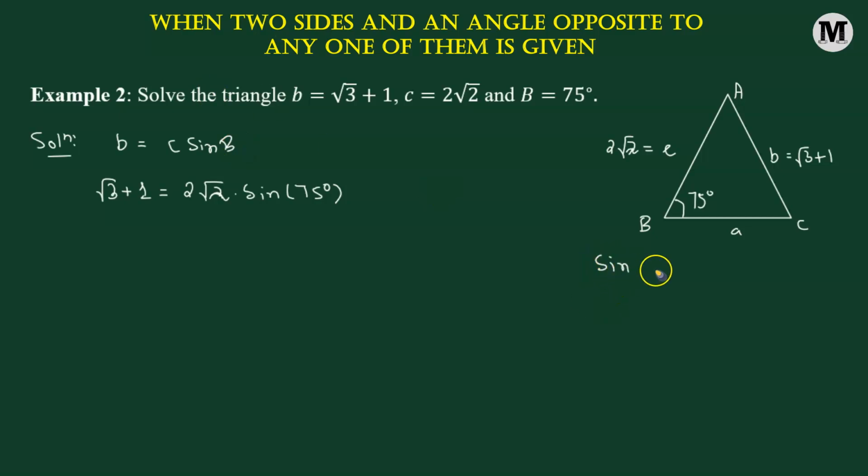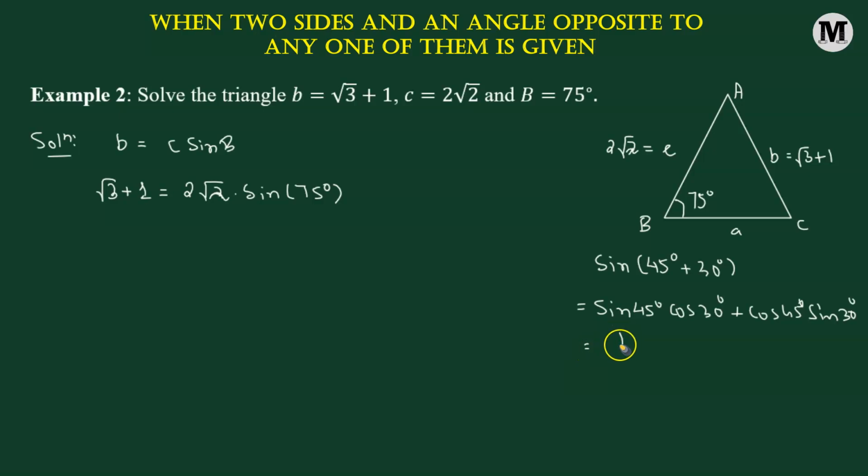Now sine 75 degrees can also be written as 45 degrees added to 30 degrees. Now we can easily expand this. We have a standard formula for that. So we have sine 45 times cosine 30 added to cosine 45 times sine 30.